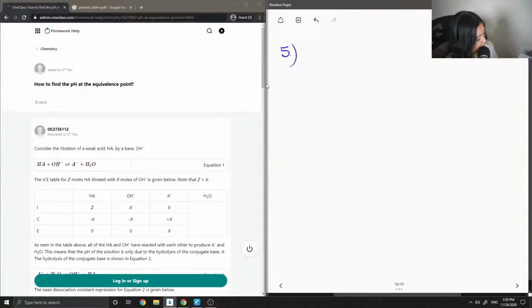Question 5 just asks, how do you find the pH at the equivalence point? So first I'll write down the definition of equivalence point.